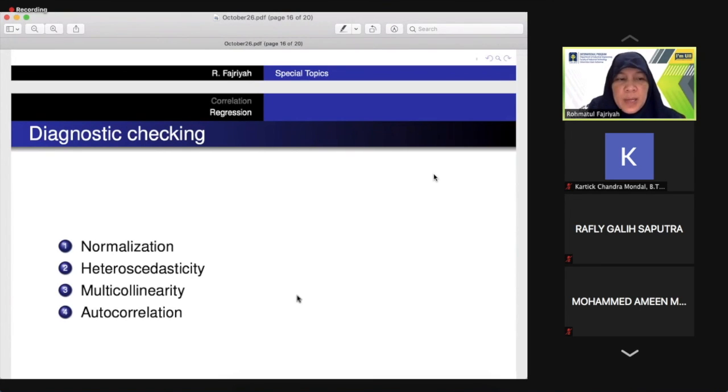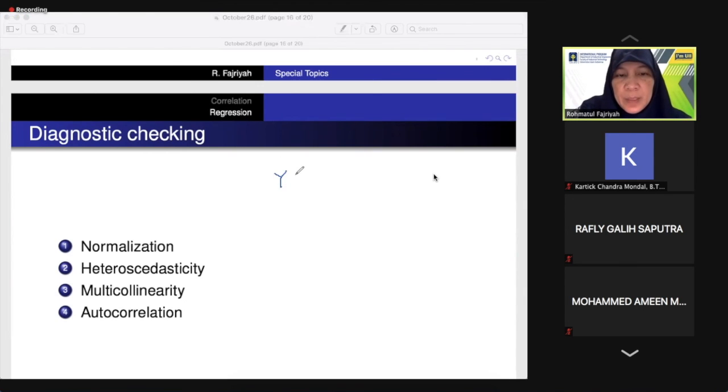What you should do first is check the assumptions about the error of your model. So how can I compute the error? Your error comes from here. You have the original model, which is y equal to, for example, xb plus e.